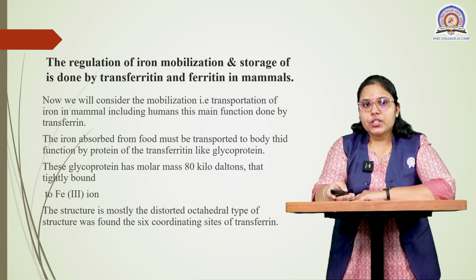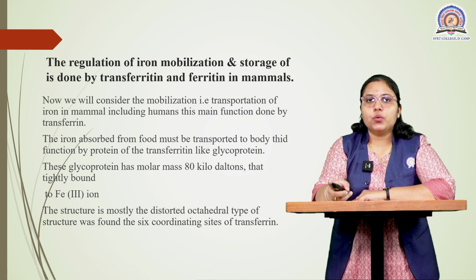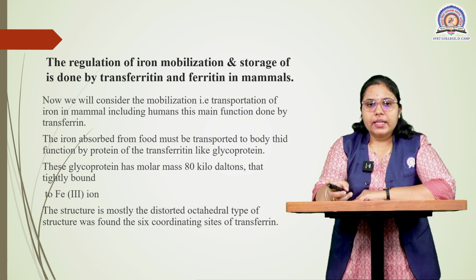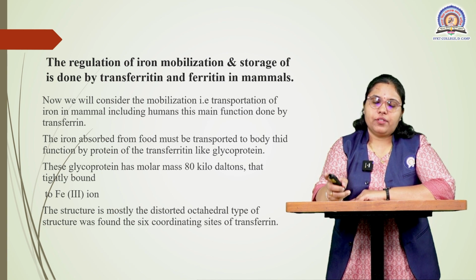This main function is done by transferrin. The iron absorbed from the food must be transported to the body through a protein of the transferrin type, a glycoprotein. This glycoprotein has a molar mass of 80 kilodalton and tightly binds to Fe3+ ion.